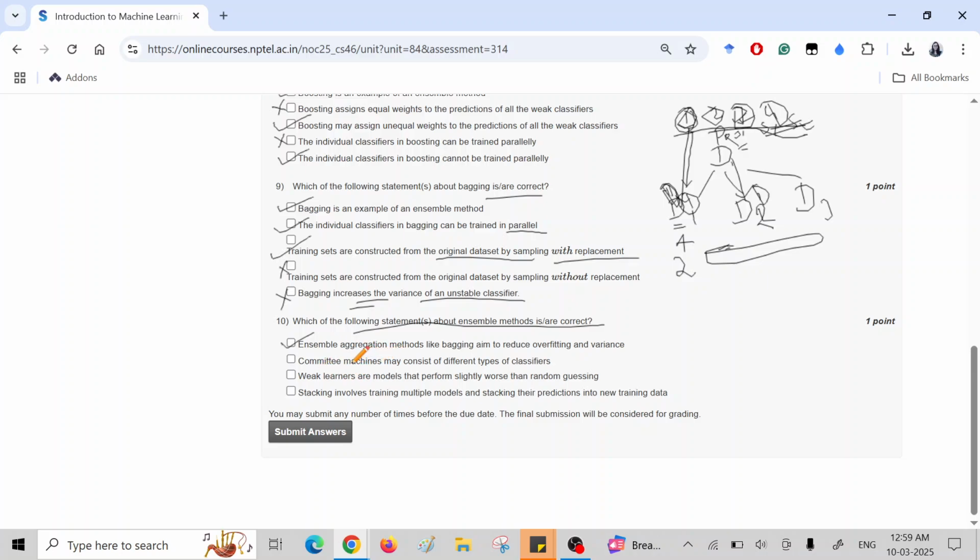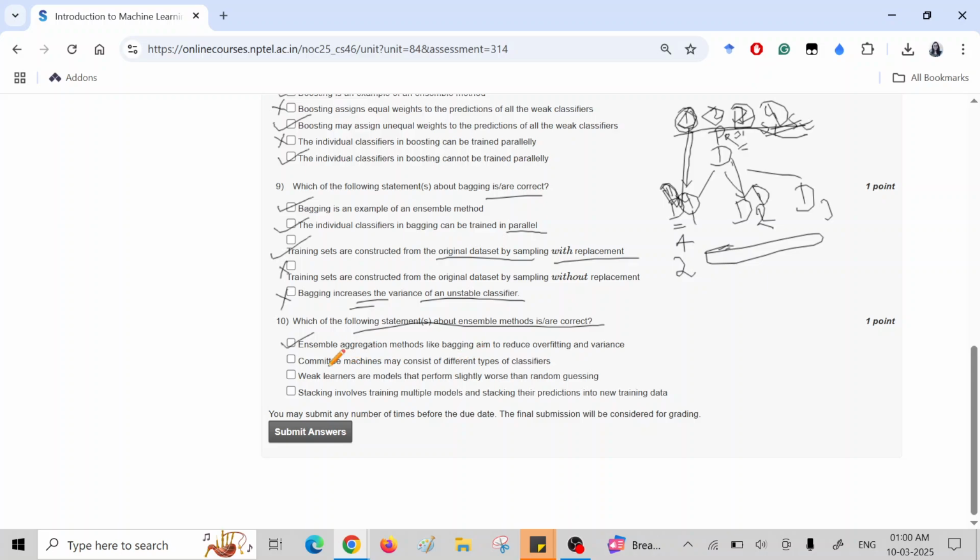There are static committee machines and dynamic committee machines. These are nothing but ensemble methods. Random forest and bagging, where we use majority voting, are static committee machines. Whereas dynamic committee machines are like the boosting technique or stacking. And all these classifiers that are used can be different classifiers.